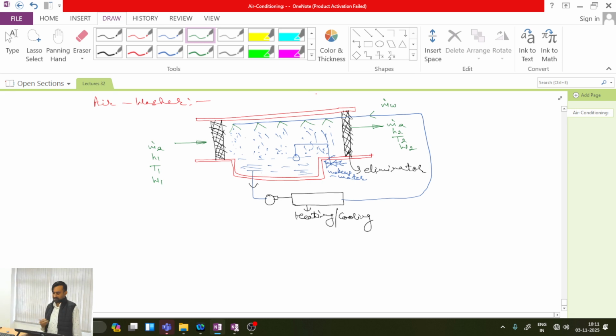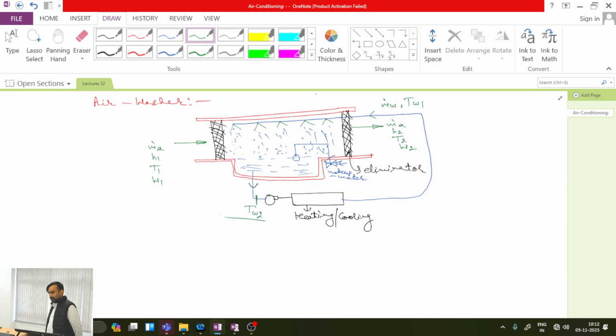When this water is sprayed, let us consider its temperature was TW1. When this water has moved down and is coming out of the chamber, its temperature is TW2. So the water temperature at the inlet to the nozzle is TW1, and the water coming out of the sump is TW2.